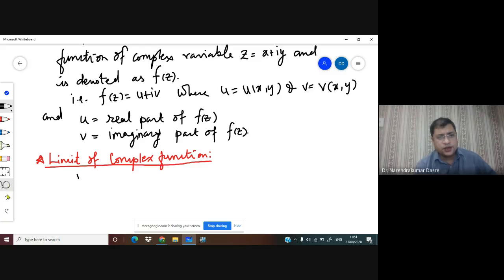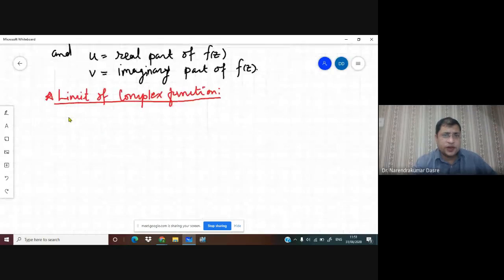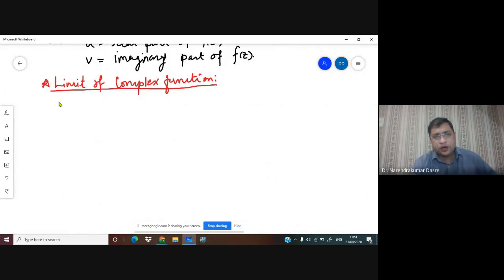So that's why I want you to be attentive and careful for understanding these basic concepts, because these are very important concepts. So here we are going to study the epsilon delta definition of this limit, which is equivalent to the left limit and the right limit. Okay, so I'll show you how that exists.